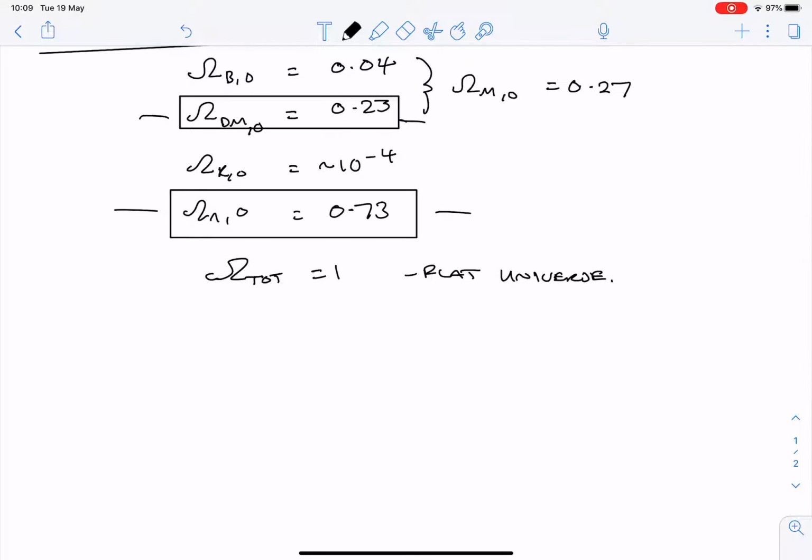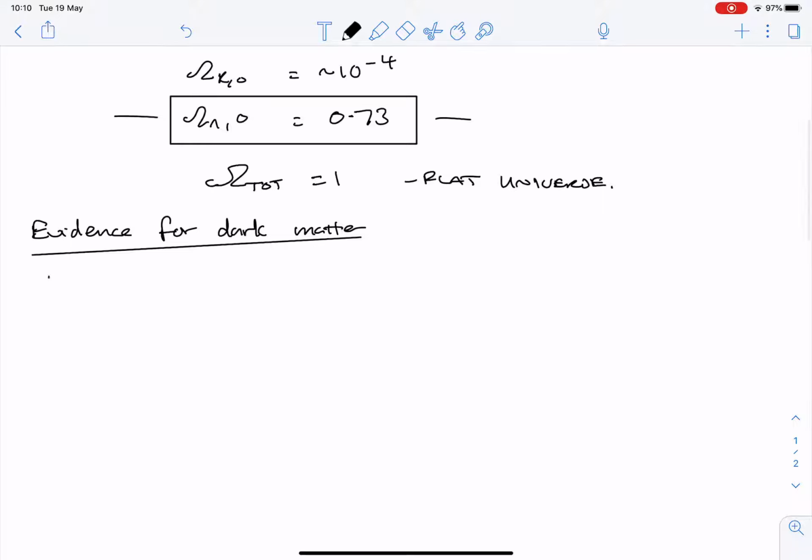And so there's pretty good evidence now that dark matter is real. And we've already talked about the rotation curves of spiral galaxies.